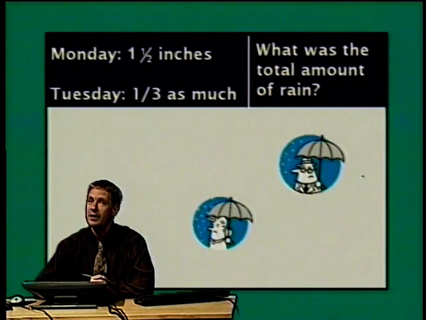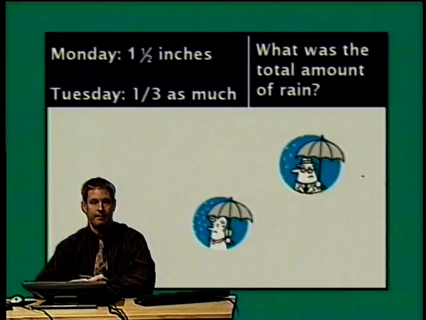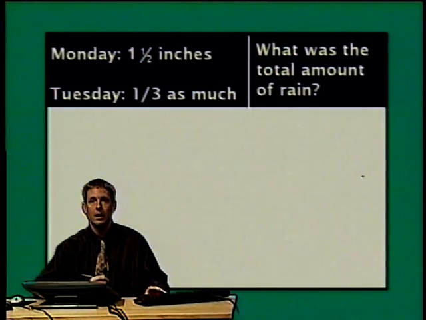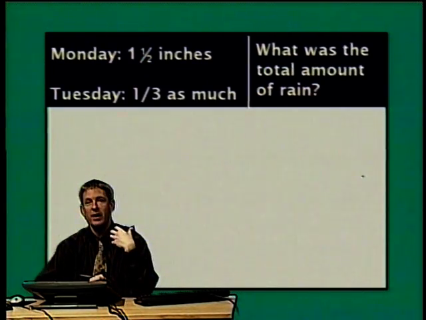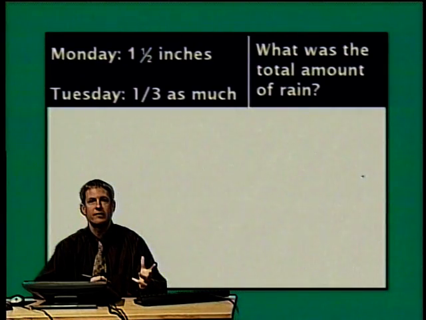I think a good starting point here would be to calculate how much rain fell on Tuesday. So again, to help orient myself and anybody reading my work, I'm going to write a little phrase indicating what the calculation I'm doing is calculating.